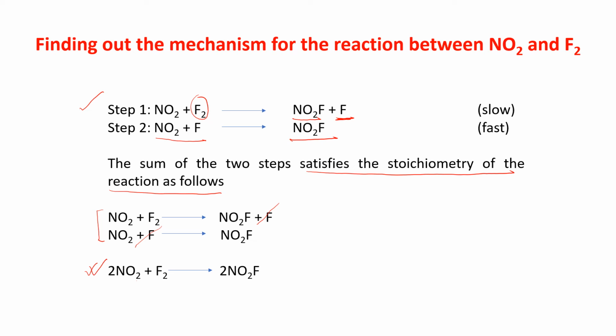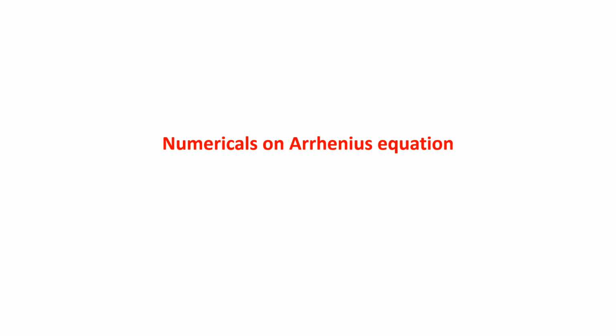We started with this reaction only, so it is satisfying the stoichiometry also. So I can write the mechanism of this reaction like this. Is it okay? Now the molecularity is over.